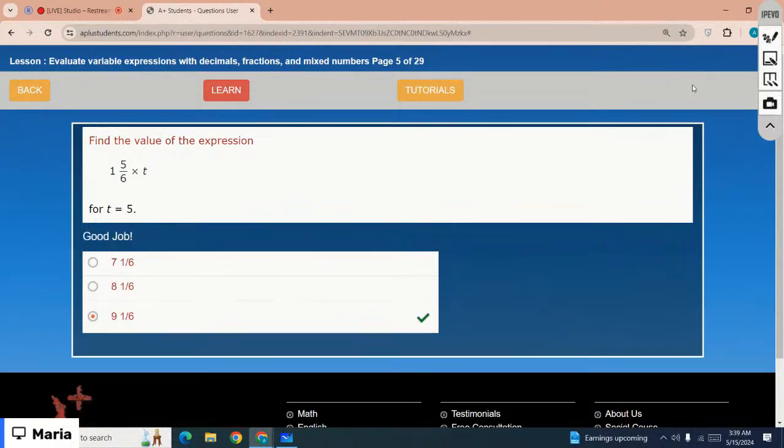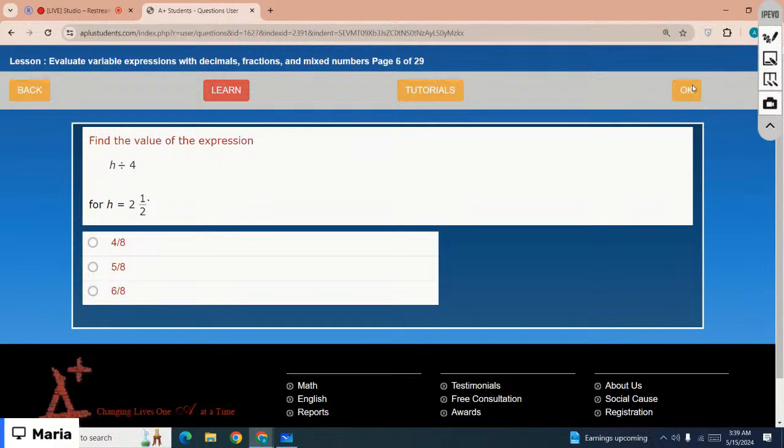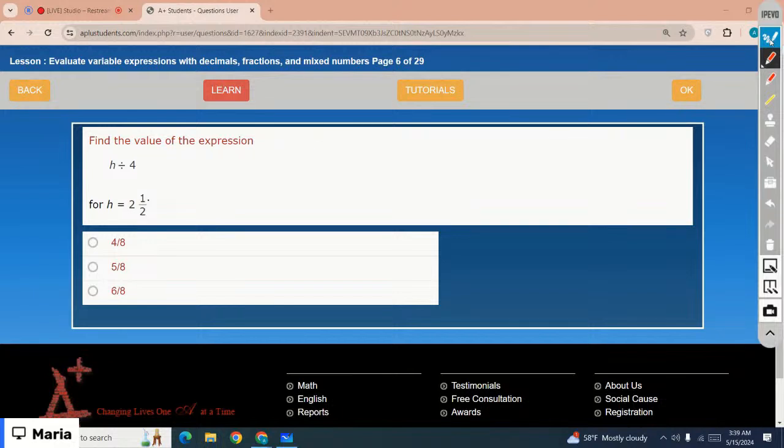Okay, the next one is find the value of the expression h divided by 4. You have to evaluate for h equals 2 whole 1 over 2. So you have 2 whole 1 over 2 divided by 4, right? 2 times 2 is 4, and 1 is 5 over 2. You have to multiply denominator times whole number, 2 times 2, and add 1.